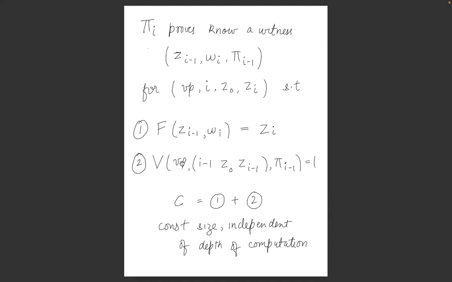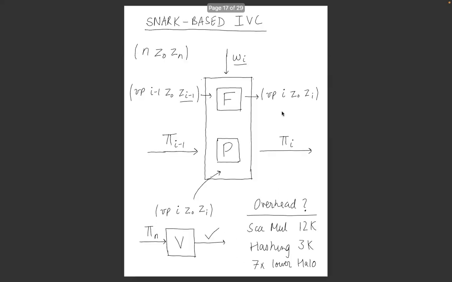So at each step, the work does not depend on the number of recursion steps, and at each step we are proving that the inner proof system is valid, plus we are proving that the function was computed correctly.